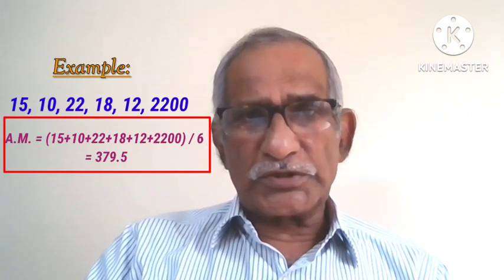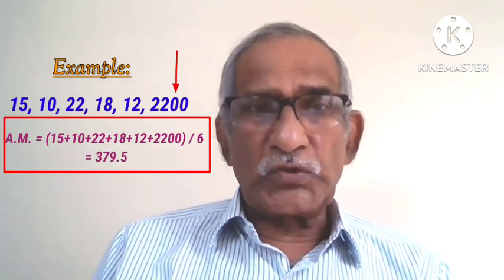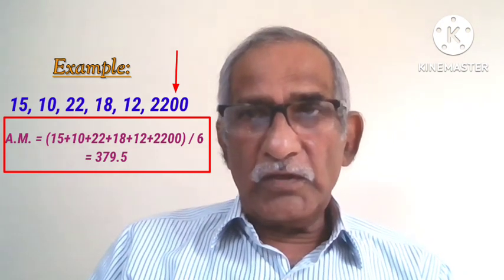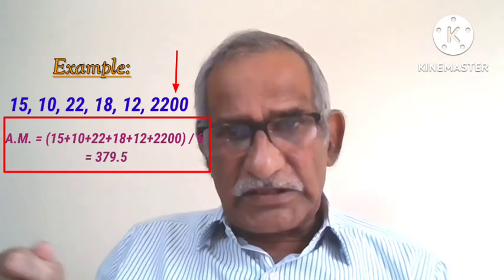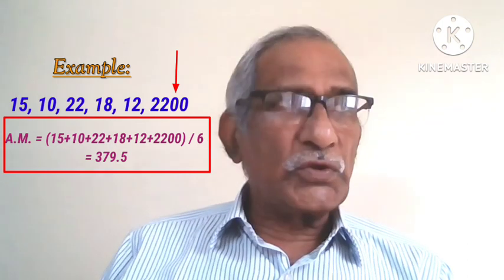Out of 6 values, 5 values are more or less at the same tune, and due to one value, the arithmetic mean has gone so high. The high value has stretched the value of arithmetic mean to the right side. And so, in this case, the value of the arithmetic mean does not seem to be the true representative of the given set of 6 values.